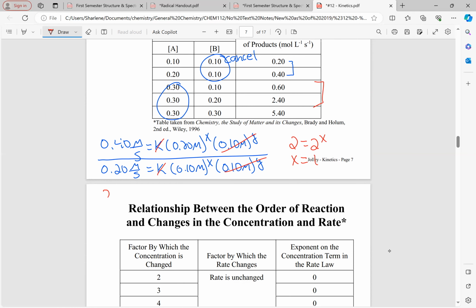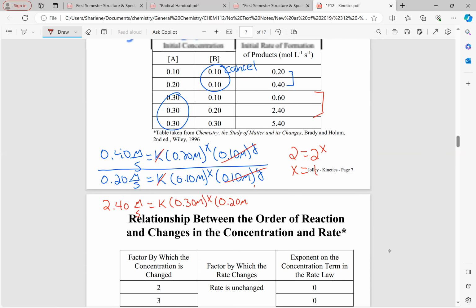All right, so 2.4 molarities per second is equal to K times 0.3 molar to the X and 0.2 molar to the Y. And I'm going to divide that by one that is smaller than it. So 0.6 molarity per second is equal to K. The A is still 0.30, but the Y has now changed to 0.1.